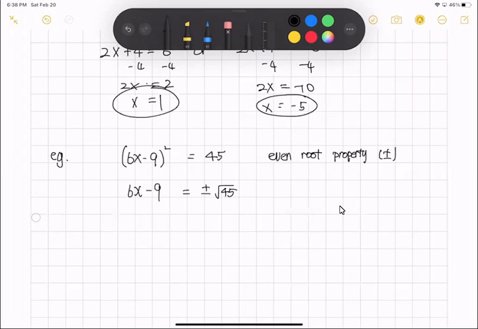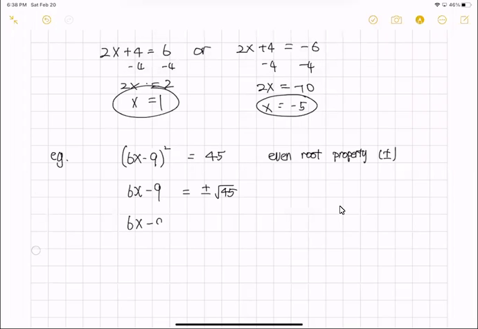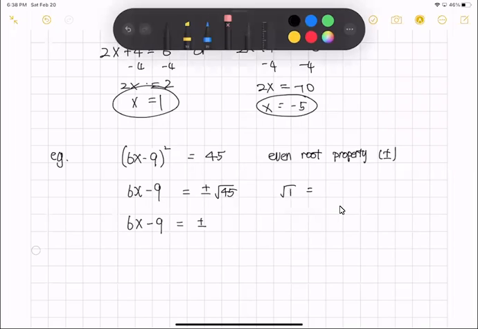Okay, how do I simplify the square root of 45? It equals the square root of 5 times the square root of 9, where the square root of 9 is equal to 3. So you will have positive and negative 3 times the square root of 5.